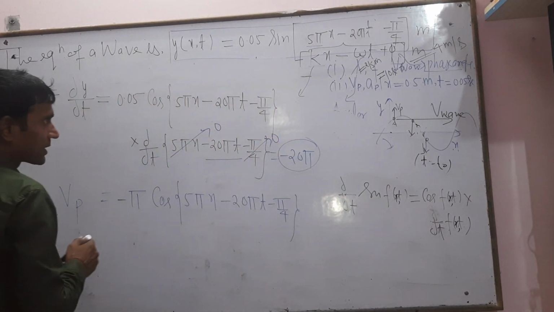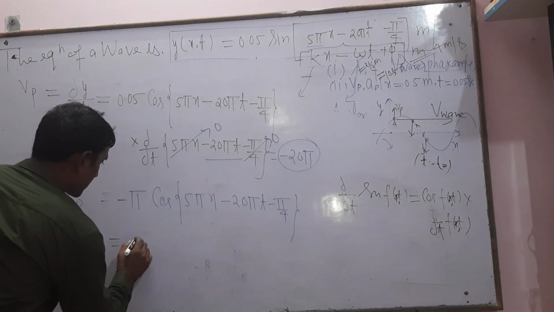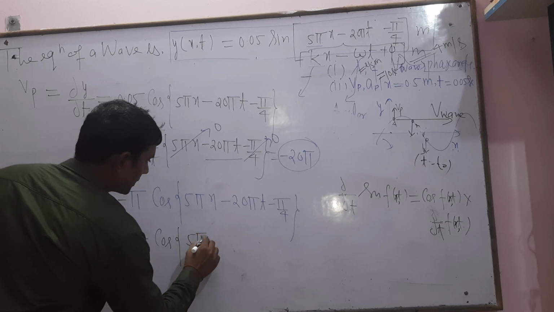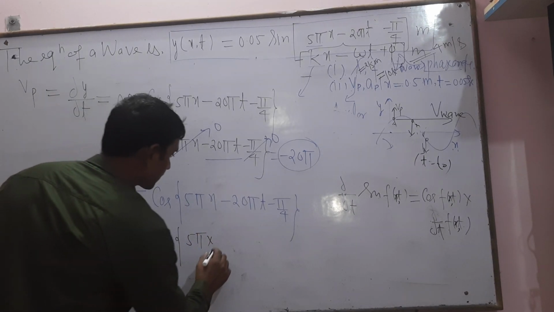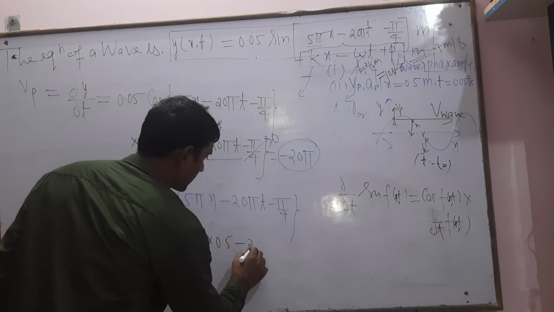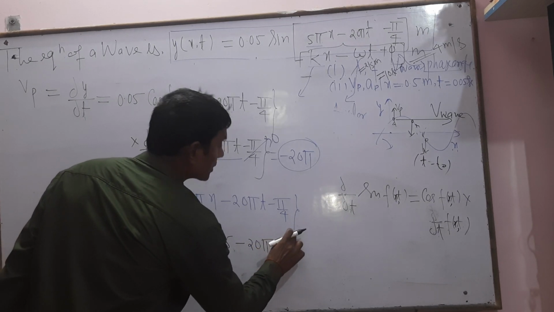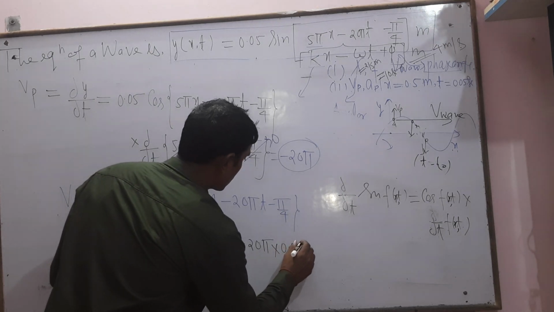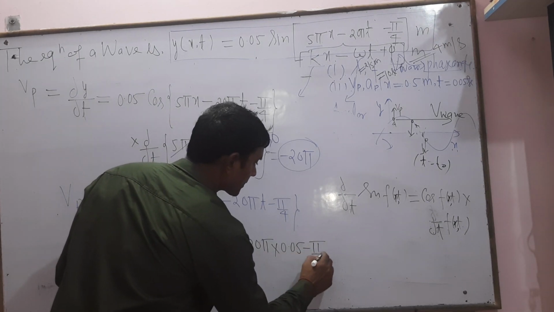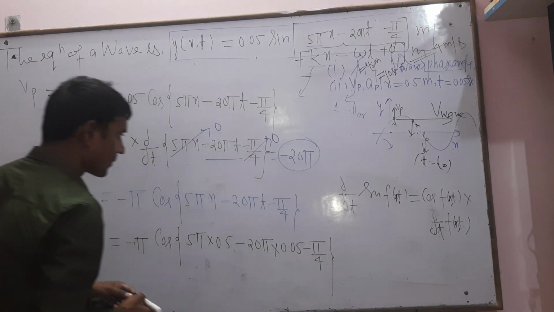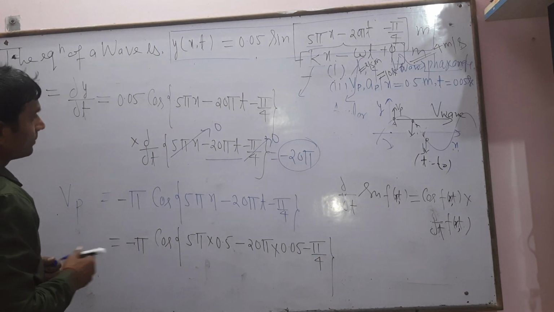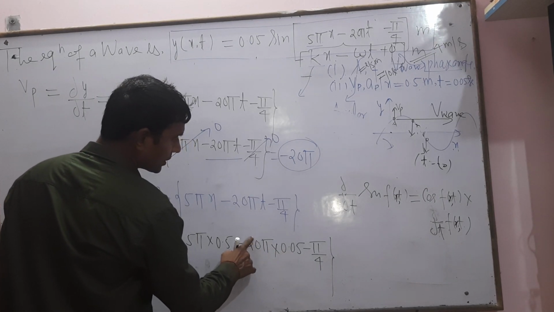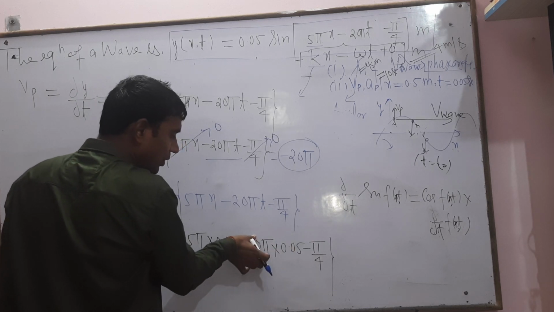Put x equal to 0.5 here: minus pi into cos of (5 pi into 0.5, minus 20 pi into t equals 0.05, minus pi by 4). That number, 0.05 into 20, equals 1.00.